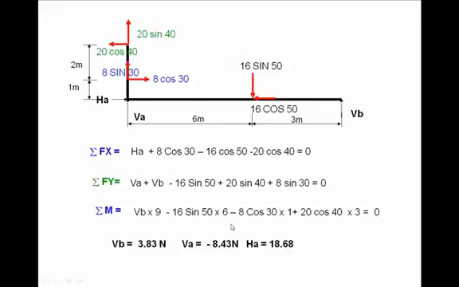The minus sign indicates that VA, which we had assumed as up, is actually down. That's all it means. And we have worked out the reactions as required in the problem.